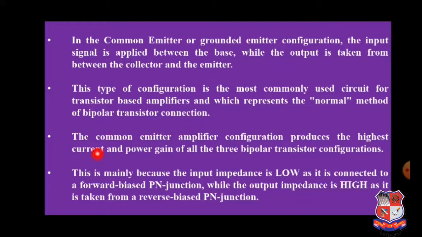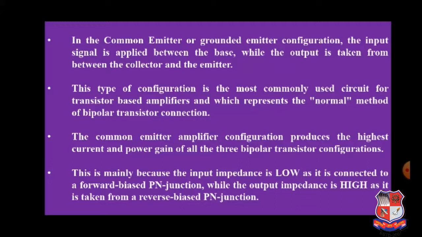So the common emitter amplifier configuration produces the highest current and power gain of all the 3 bipolar transistor configurations. So this particular CE configuration is most important in terms of the current and power gain.